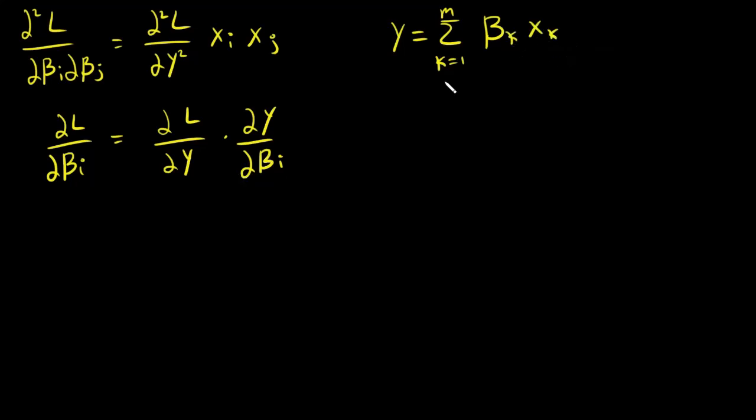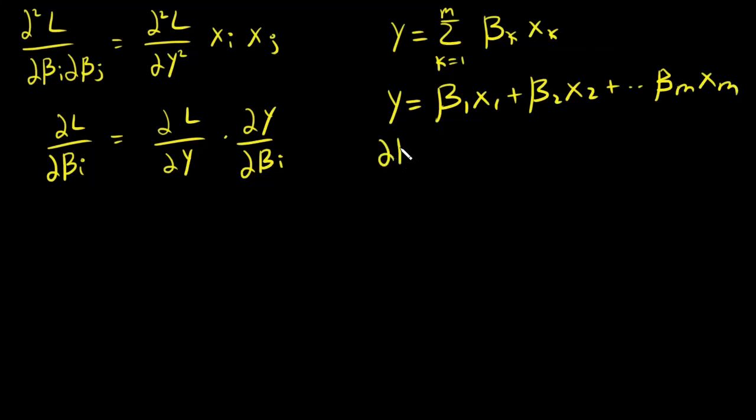Now you might see it in the paper, it's written as i equals 1 to m, but I don't want to get confused with this i here. This is indexing from 1 to m. In other words, this is the same thing as saying beta 1 x1, beta 2 x2, up to beta m xm.